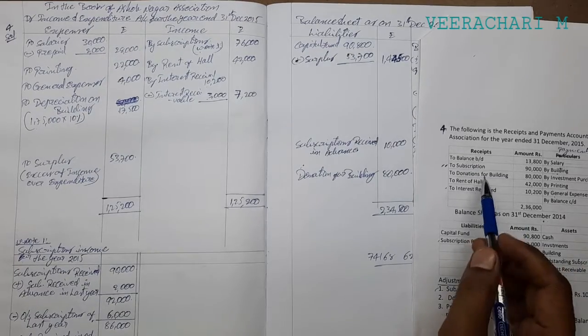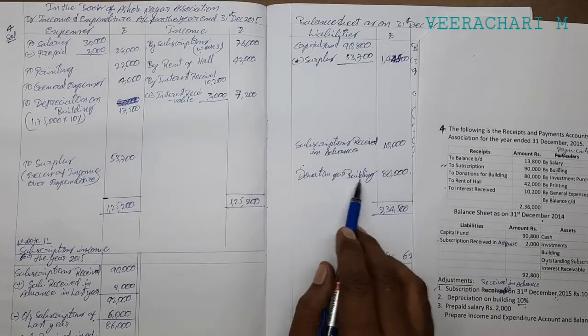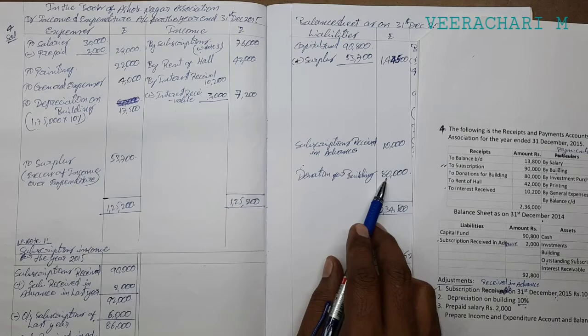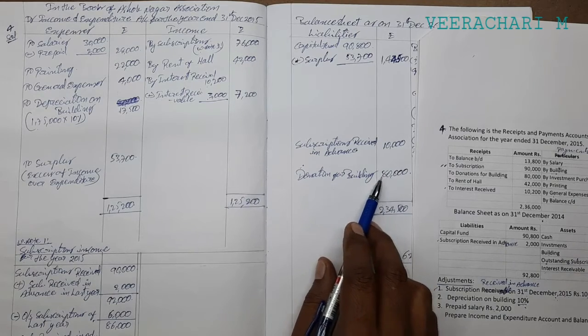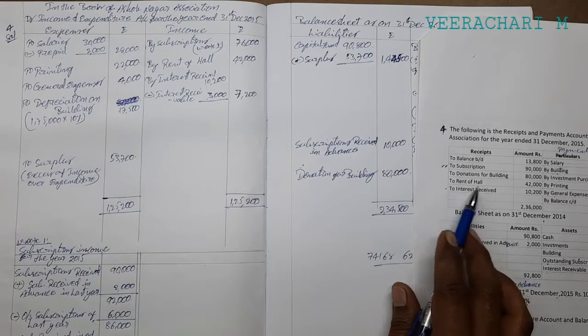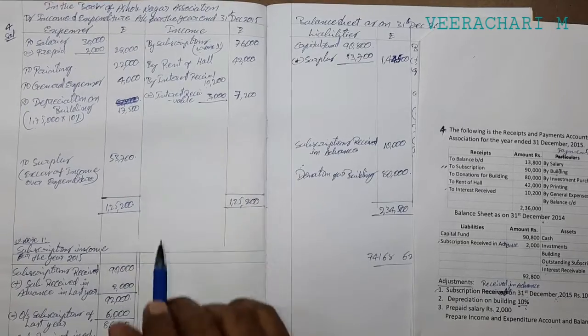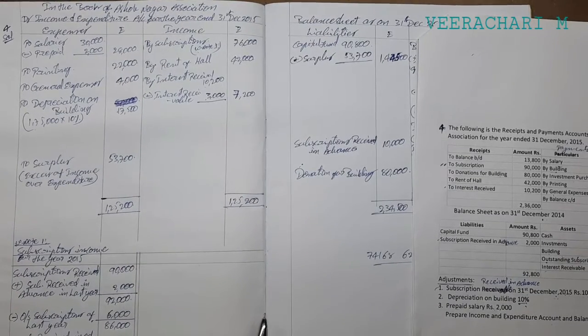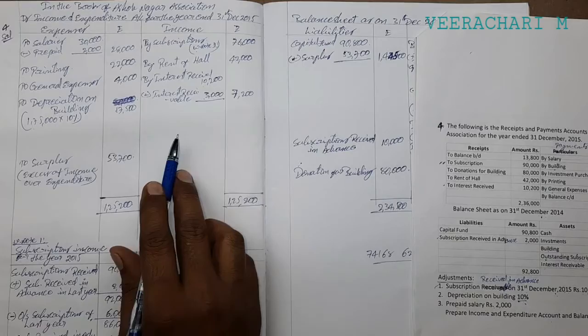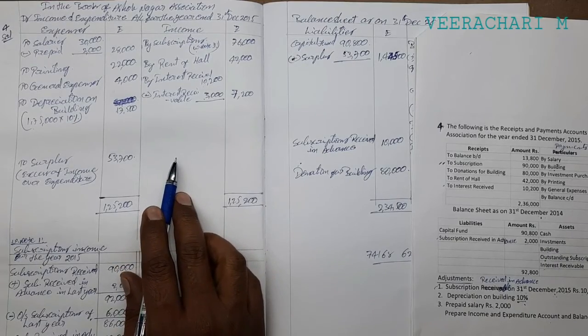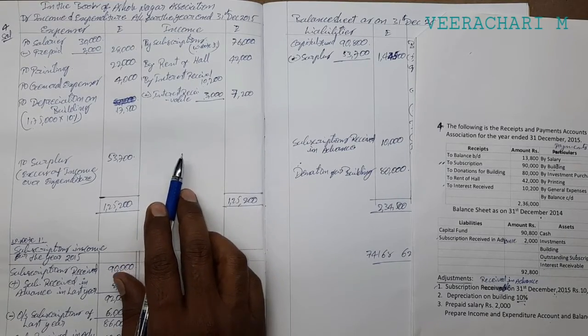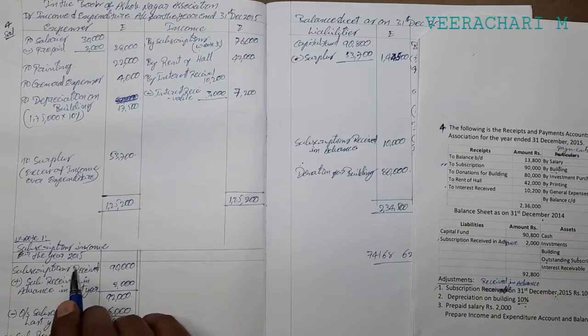For example, here donation for building we have written on the liability side, but subscriptions, interest received and rent of hall we have written under income side. Maximum receipts we write under income side, but not all receipts are income. Keep that in mind.